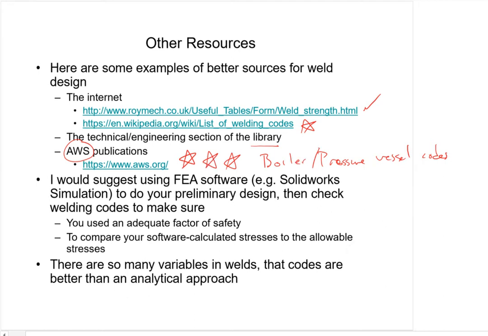Those are extensive. You add all those up and you've got a large building full of paper. So the task here is to find the one that actually applies to the system or components that you're working with. I would strongly suggest in preliminary design, just use FEA software.